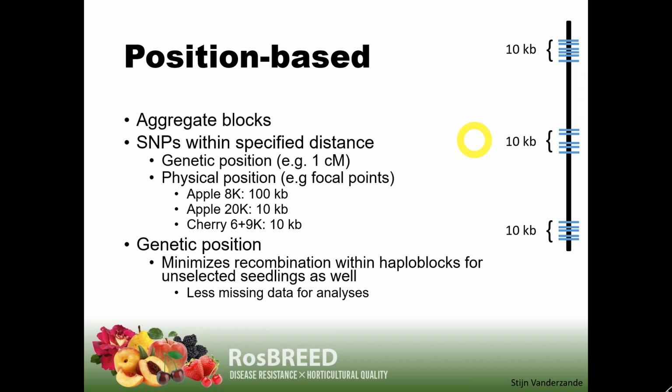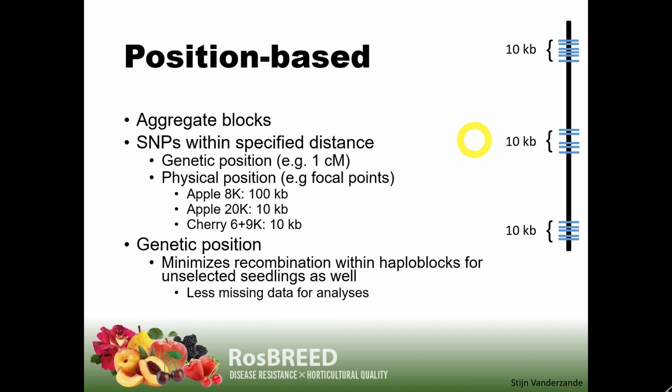And if you would use those for QTL analysis, that would mean that you don't get a better resolution than that 10 centimorgan. And you might have a lot of seedlings that are recombining within those 10 centimorgan, but if you grouped all your markers, you're not going to see that properly. So for QTL analysis, rather than looking at historic recombination, it might be better to look at certain intervals to group your markers.